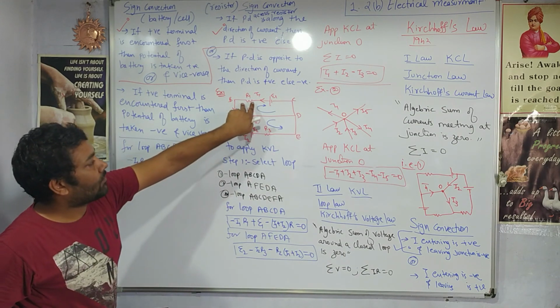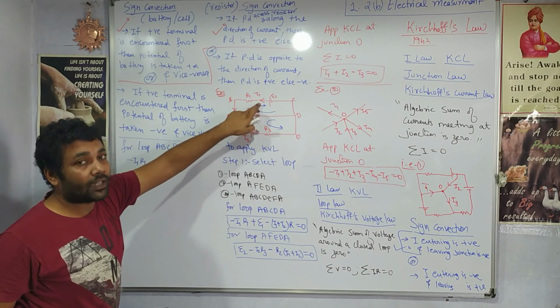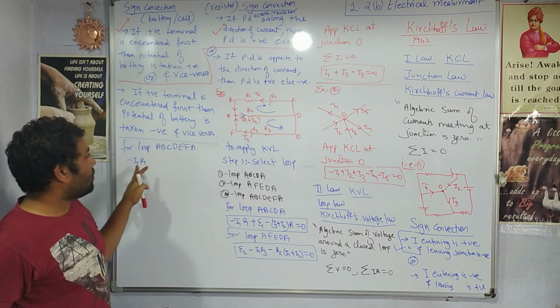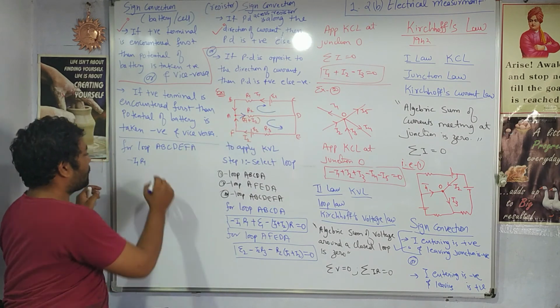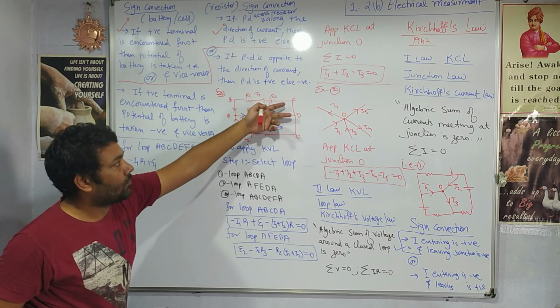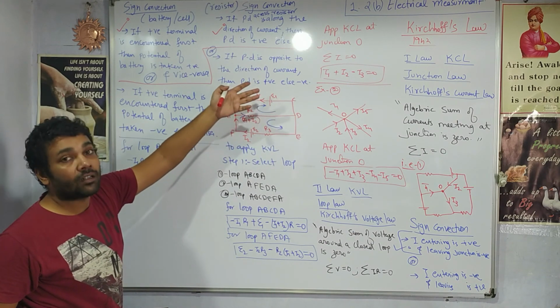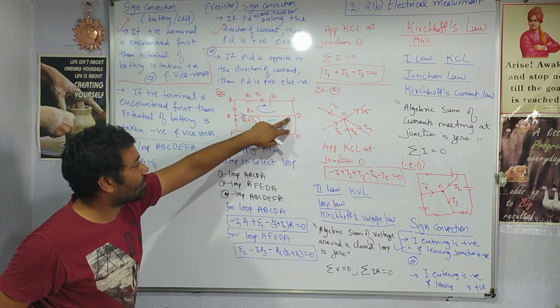Potential drop across R1 will be current into resistance. Direction is opposite to the direction of the current, so minus. The positive terminal of the battery is encountered first, so plus E1. Then C to D, no potential drop. Wires we consider resistance-less. So here no potential drop, here also no potential drop.